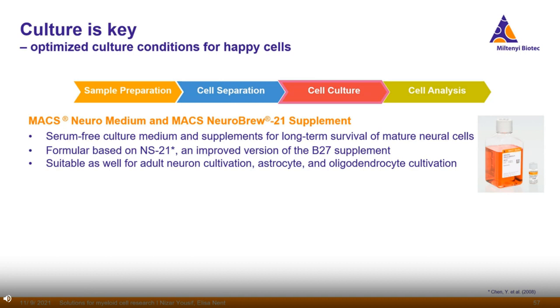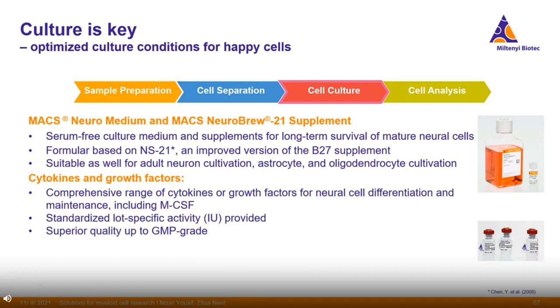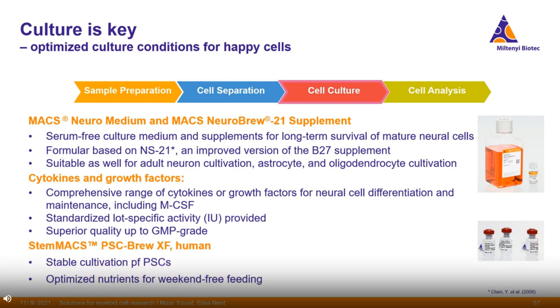The serum-free formula prevents the high variation between experiments that can normally result from using different FCS lots. And to boost your microglia culture, we offer high-quality cytokines like M-CSF that will increase your cell culture yield greatly. If you are working with PSC-derived neural cells, we also have the optimized StemMACS PSC Xeno-Free media that allows for a weekend-free feeding schedule.